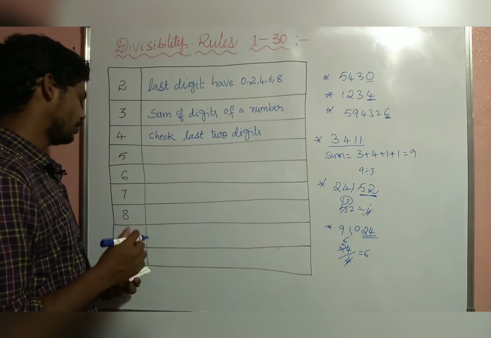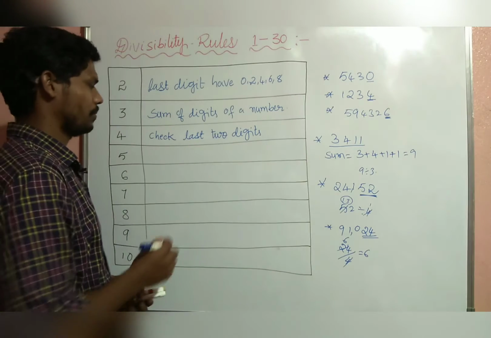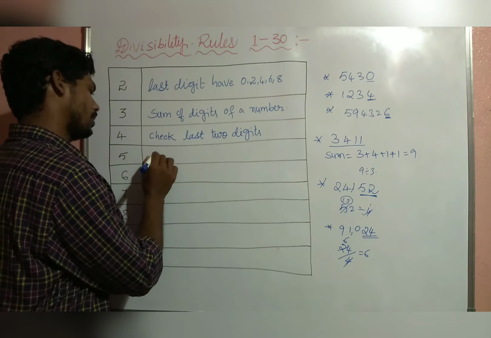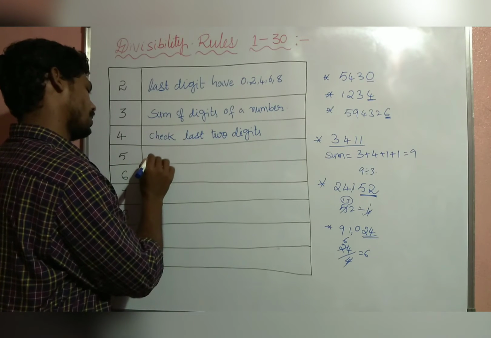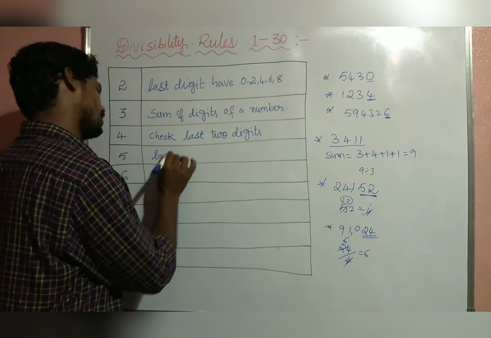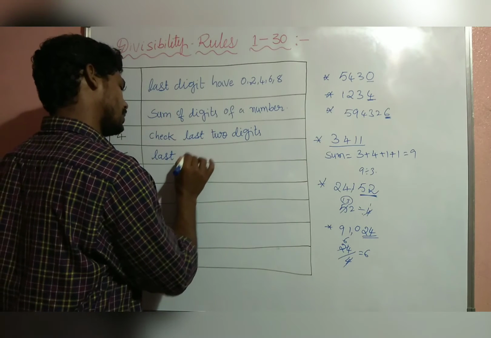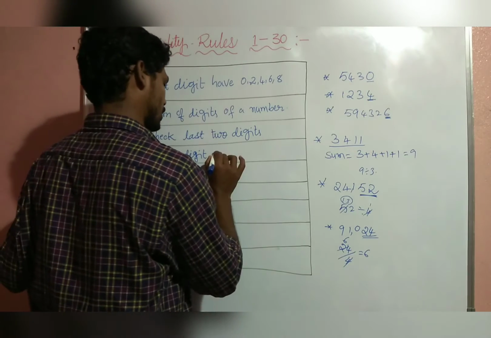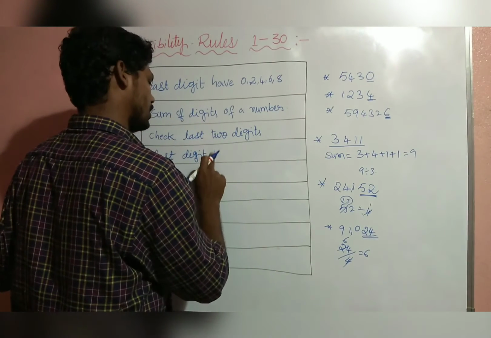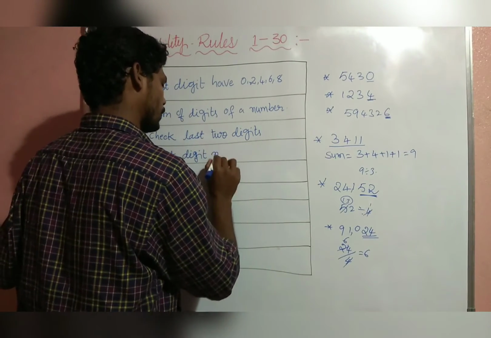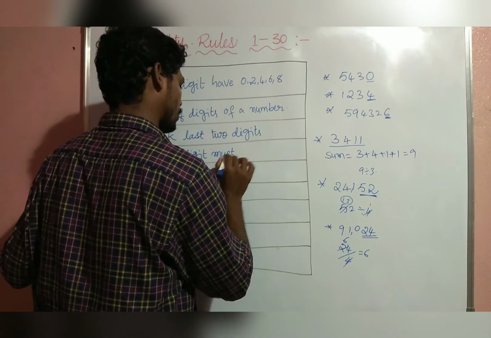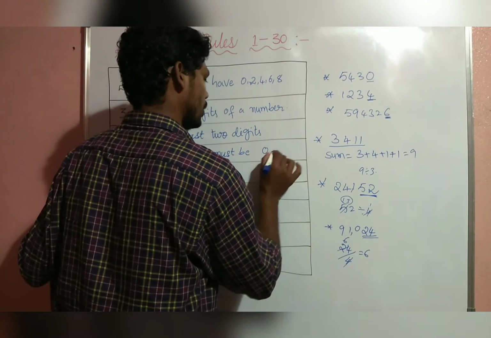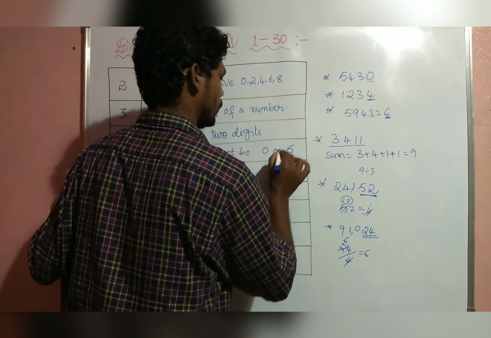Now coming to the divisibility rule of 5. For the divisibility rule of 5, the last digit must be 0 or 5.